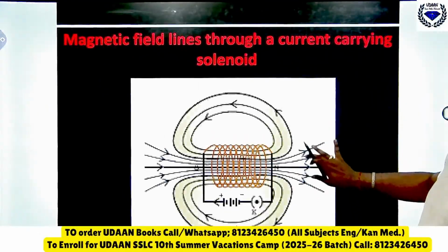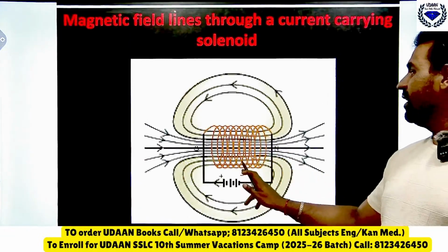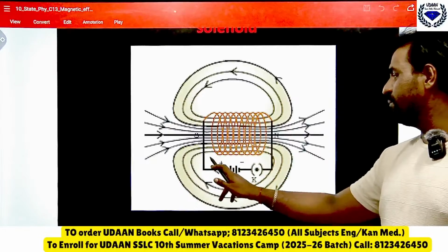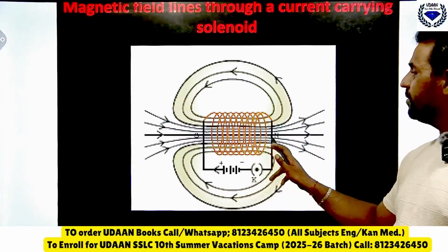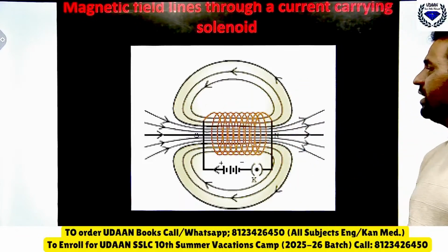In your textbook it is given like this, and you should draw it like this only. Here it is wrapped, one side is connected to positive, one side to negative, and you will find the magnetic field lines here.